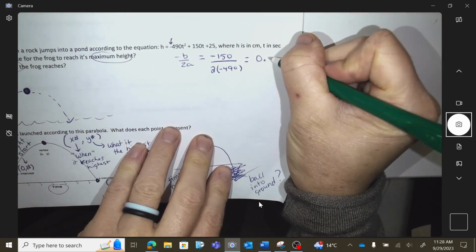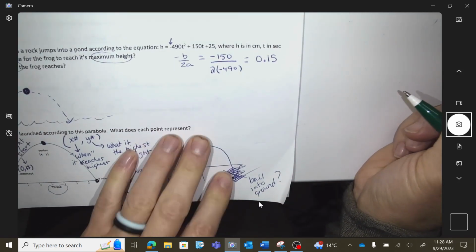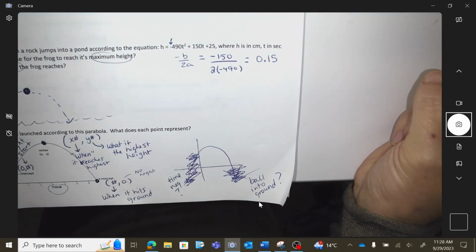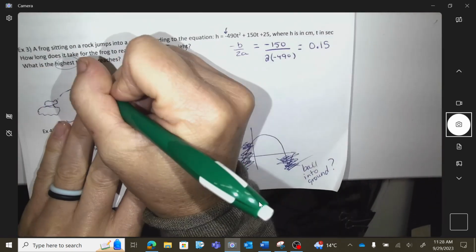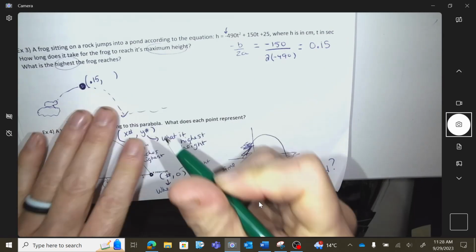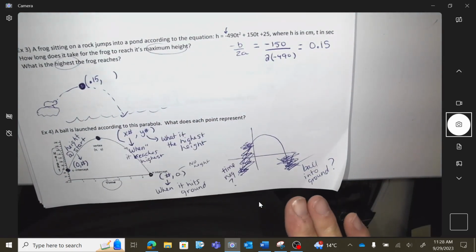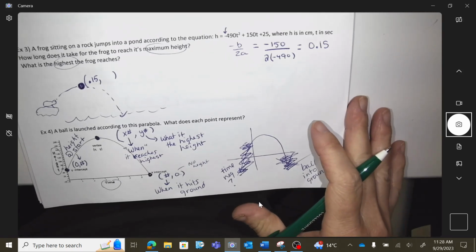I got 0.15. So the 0.15 comma, how do I get that part? Plug it in.